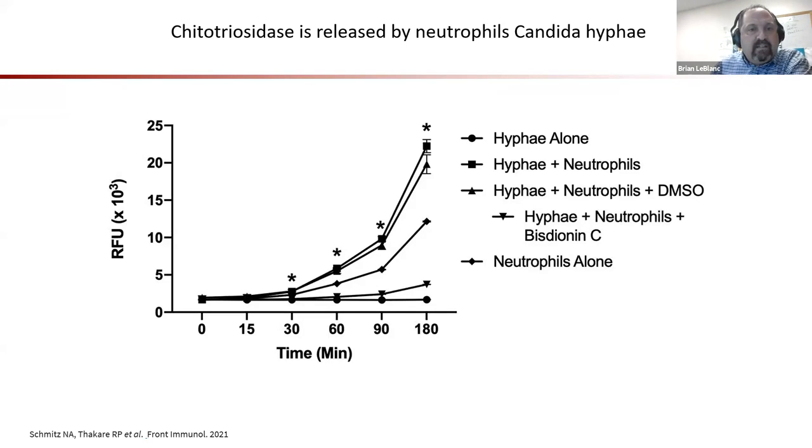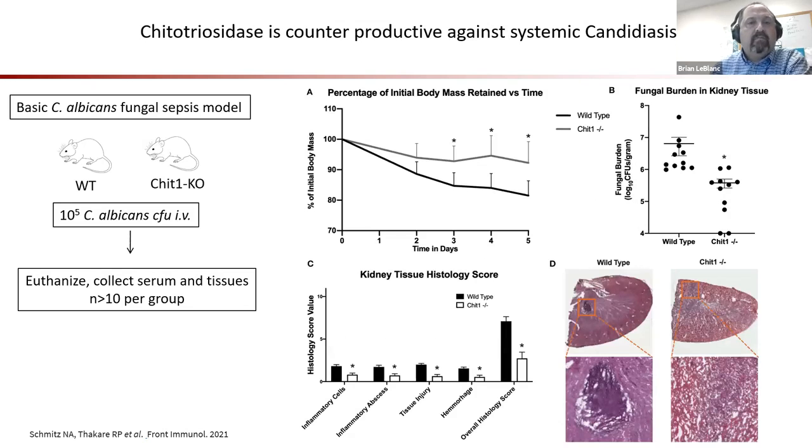So as you can see, we see an increase in fluorescence with hyphae plus neutrophils. And if we use a chitotriosidase inhibitor called bisdionin C, we can block the formation of this fluorescence. So it's blocking the enzyme function. So there seems to be chitotriosidase released from the neutrophil.